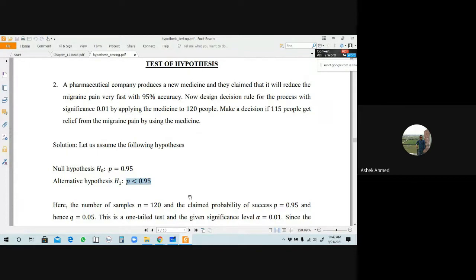Understand, this is our concept here. Okay, so এটা কি বুঝতে পারছো কেন এটা লেস দ্যান হলো? এই রেসপন্স করো.